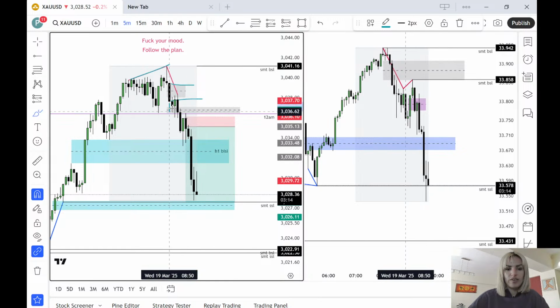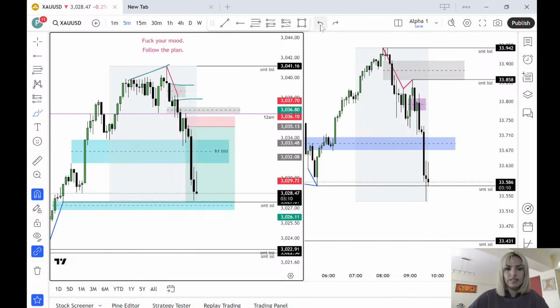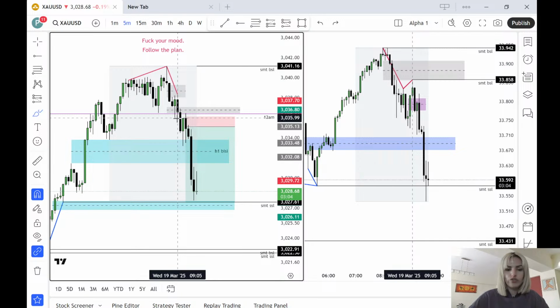So then we've seen price going up into the SIBI and then rejecting with the 905 candle. So technically speaking, that's where I would have had my entry once the 905 candle closed, but I just didn't see that because I was marking up some 1 hour liquidity areas.